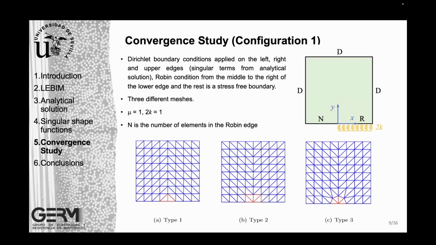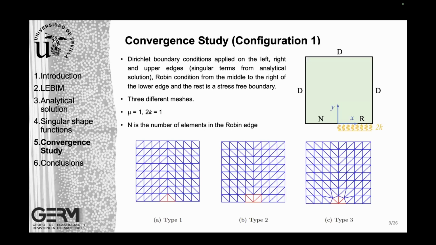We have two configurations. As we already have an analytical solution of this problem, we propose a first problem where we impose the analytical solution of a problem for all boundaries except for the Robin part, the spring part. And we chose 3 different types of meshes.